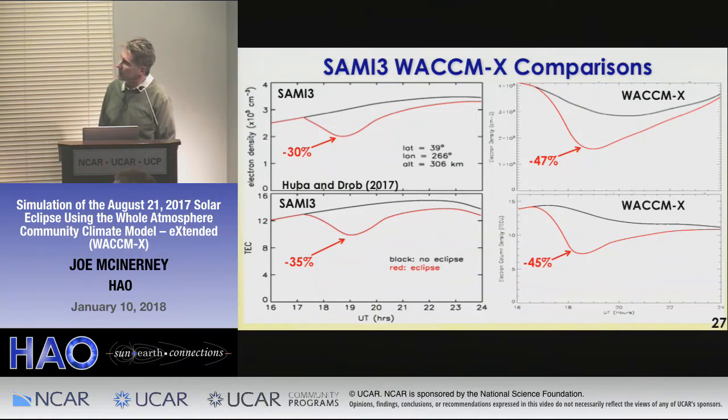They just wanted to see what kind of effect you had during the day. The top is electron density and the bottom is the column density. And on the right is the same representation with the same scale for WACCM-X.